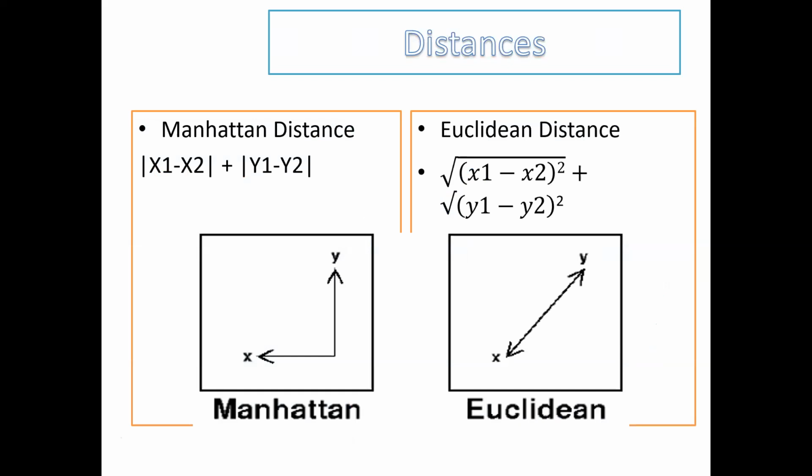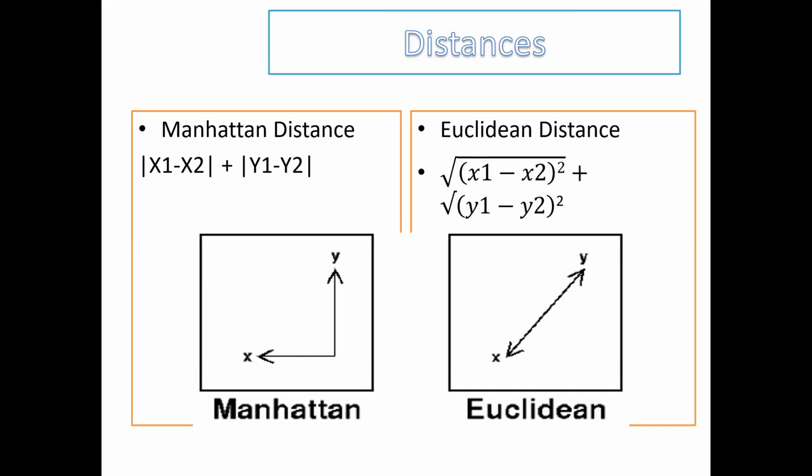So Manhattan distance and Euclidean distance are very easy to measure. Manhattan distance is basically the distance of, you can say, how the rook moves. The distance between point 1 and point 2, where the X-axis is on the horizontal side and the Y-axis on the vertical side.